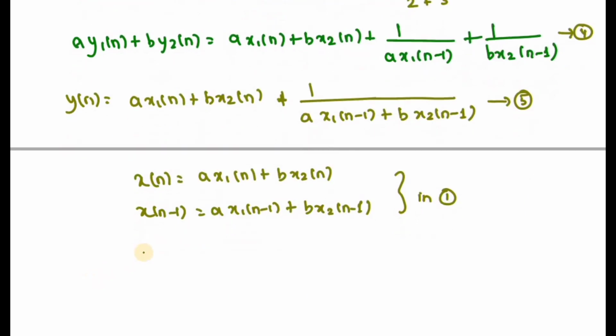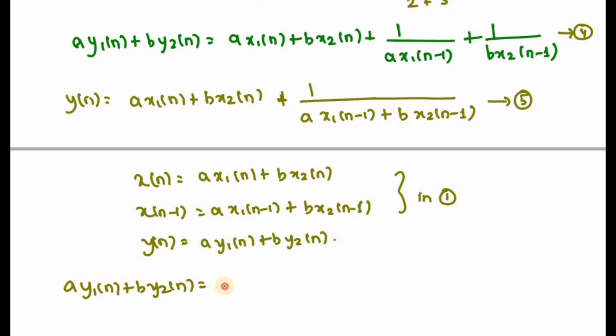Next, y of n is equal to a into y1 of n plus b into y2 of n. If I substitute in the fifth equation, I will get a into y1 of n plus b into y2 of n equal to a x1 of n plus b x2 of n plus 1 divided by a x1 of n minus 1 plus b x2 of n minus 1.